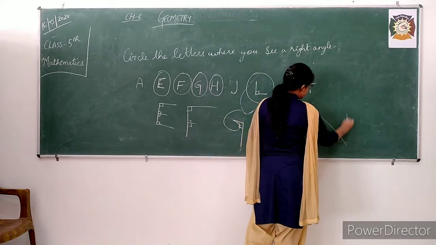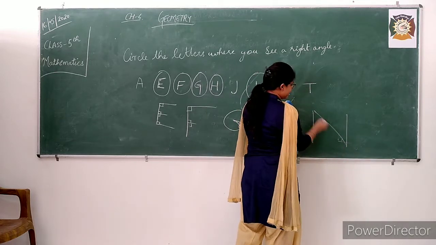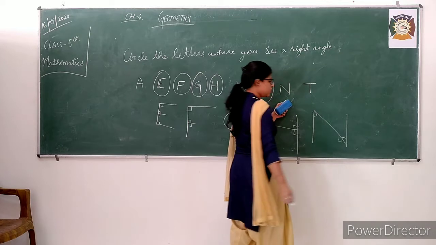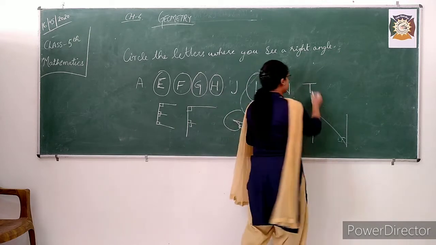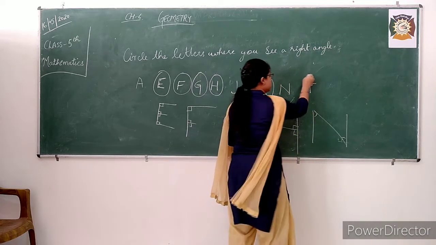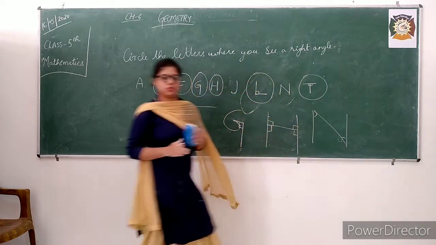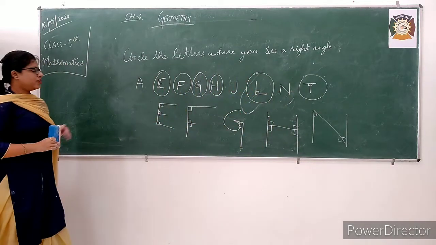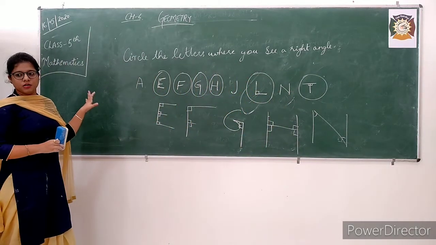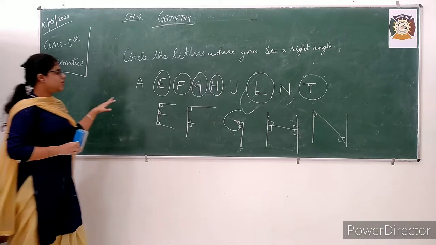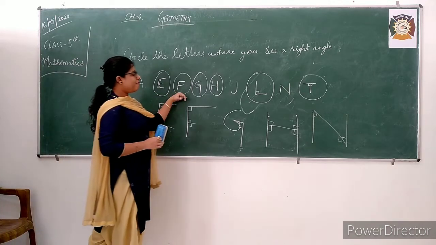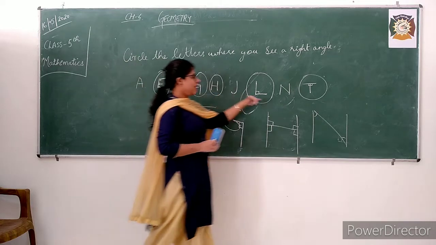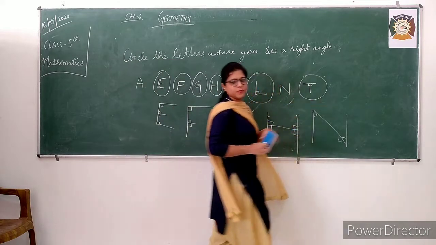You can enlarge it and see. No, there are no right angles being formed. These are acute angles. So no, this is not your answer. Next is letter T. Yes, two right angles are being formed here, so you will encircle this. Okay, students. So in these given letters, the right angles are being formed in E, F, G, H, L and T.